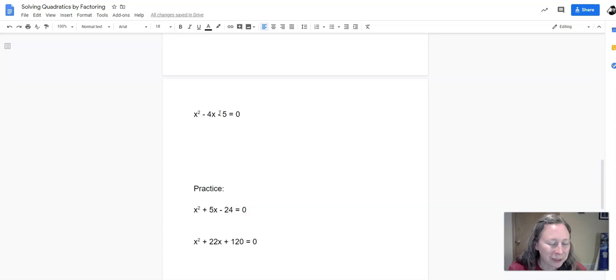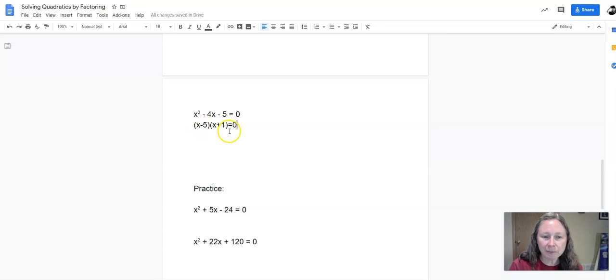It doesn't have too many whole number factors. And I think I can get there by doing -5 and +1. -5 times +1 is -5, and -5 plus +1 is -4. So there's my factoring. X minus 5 times x plus 1 equals 0.